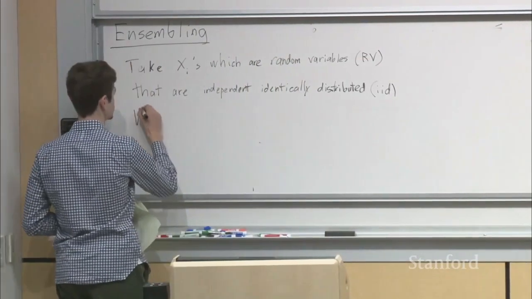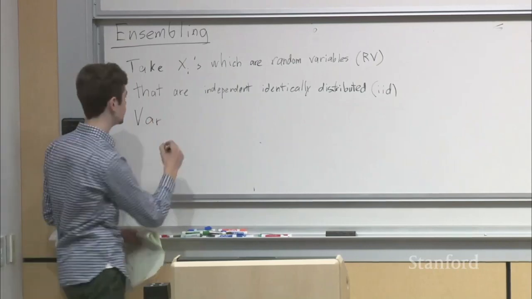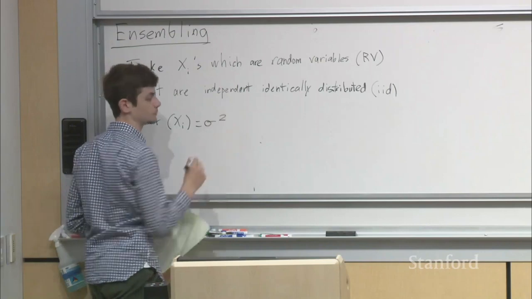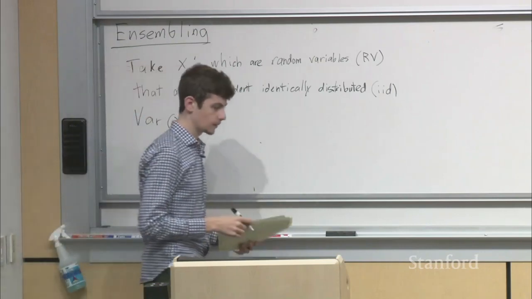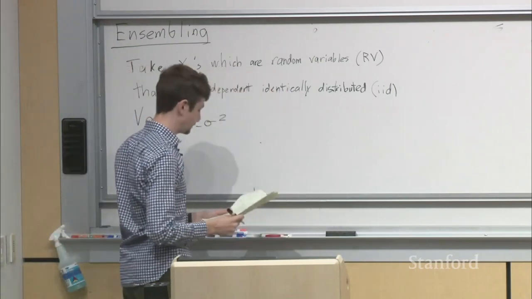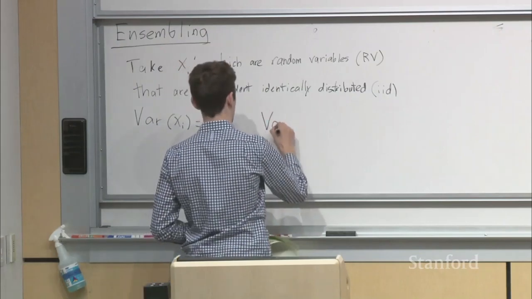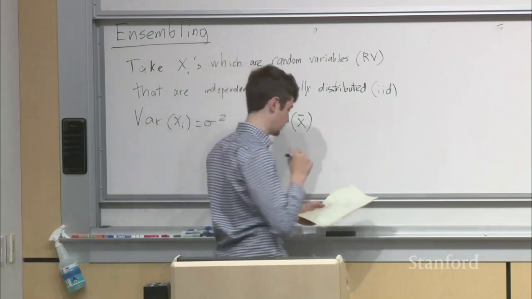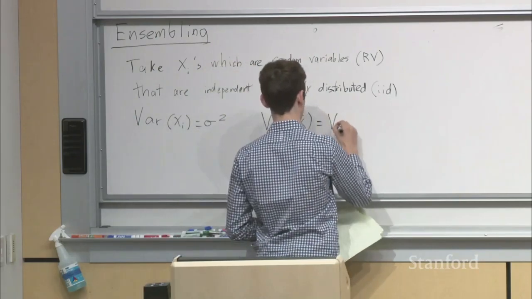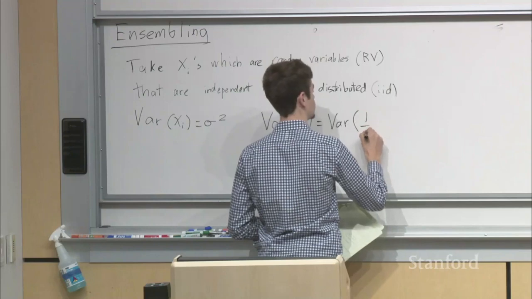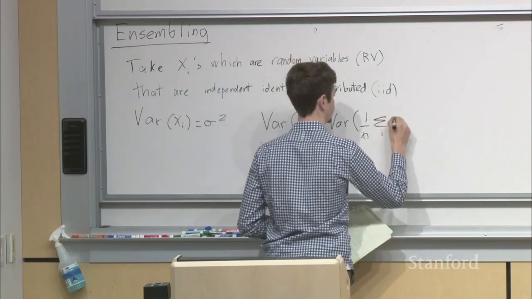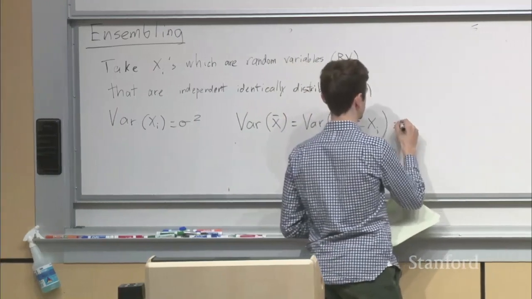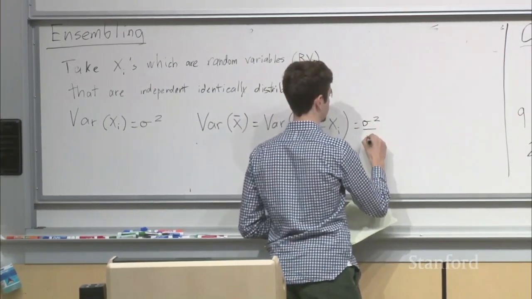Now say that the variance of one of these variables is sigma squared. Then what you can show is that the variance of the mean of many of these random variables, written alternatively as 1 over n times the sum over i of xi, is equal to sigma squared over n.